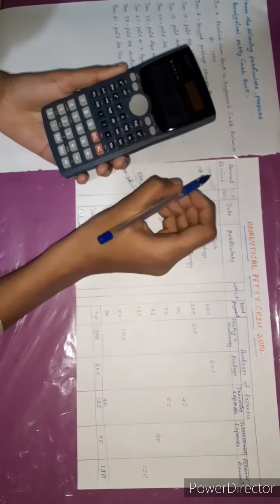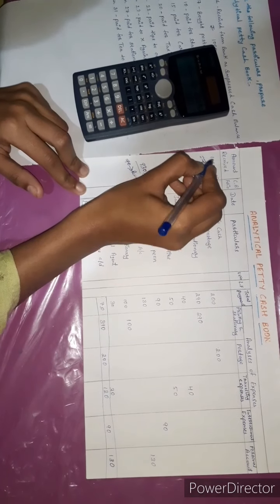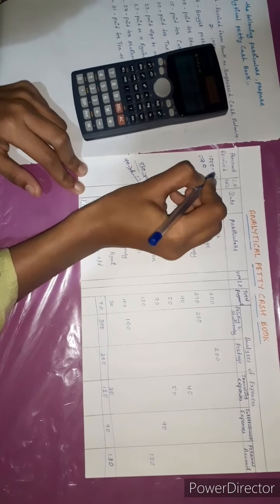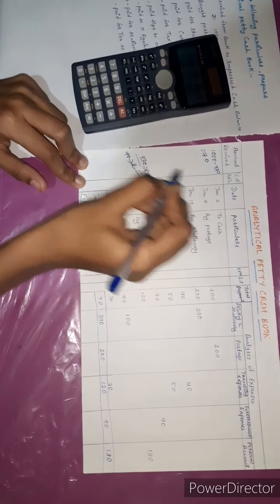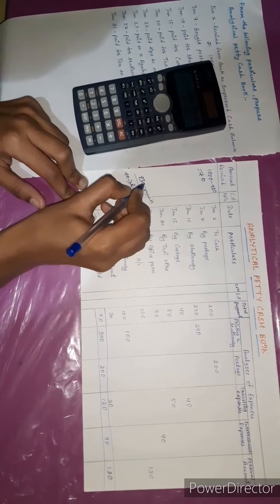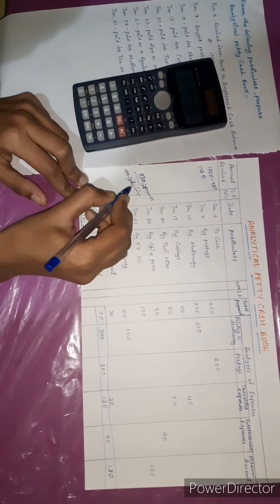So the total payment that we made from 1000 is 930. So from 1000 we have already spent 930, so the remaining amount will be 70. So 930 is the payments and 70 will be remaining.